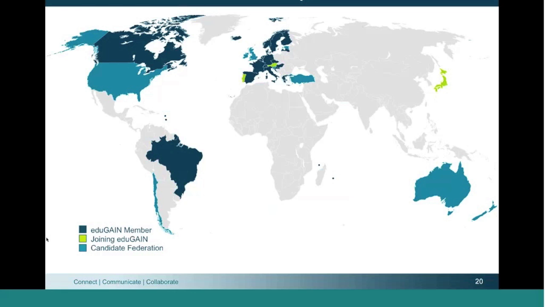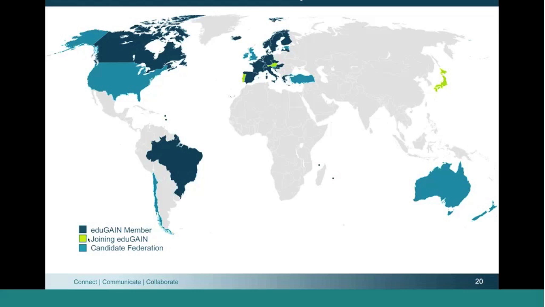So dark blue are those that are currently participating in EduGAIN. The lime color is those that are joining, and you can see that Portugal, Austria, and Japan are in the process of joining, and that we have candidate federations that have been approved for joining and slowly making their way toward that, or we're in discussions.